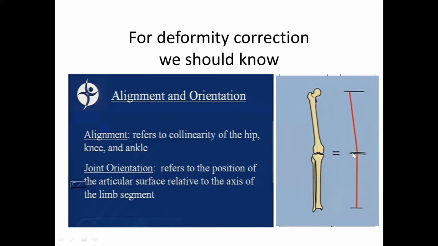For the knee, it is also obvious. But for the hip, we feel the hip is a round joint, so it is not obvious. But it also has a joint orientation. Usually it is from the tip of the greater trochanter to the center of the hip joint.